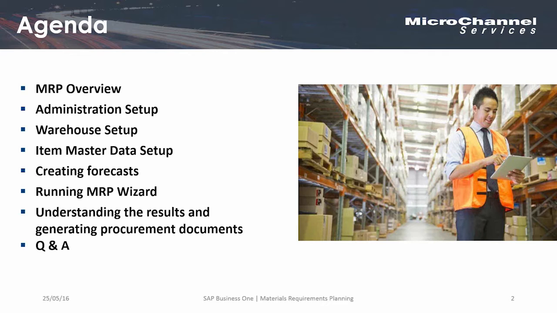So let's begin then. So what is MRP, or what is MRP in SAP Business One? MRP in SAP Business One enables you to plan material requirements for manufacturing or purchasing processes.